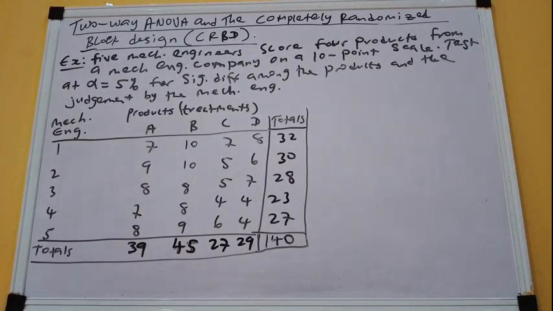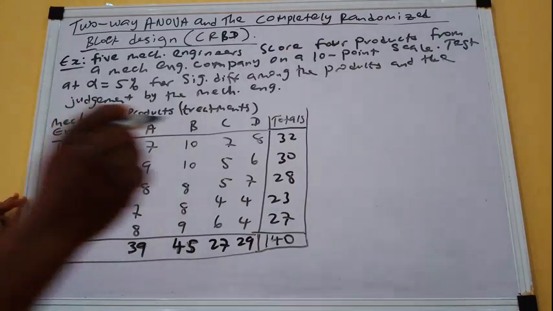Now you can see that the problem says we should test for significant difference among the products and among the judgments made by the mechanical engineers. This leads us to the solution, step 1.